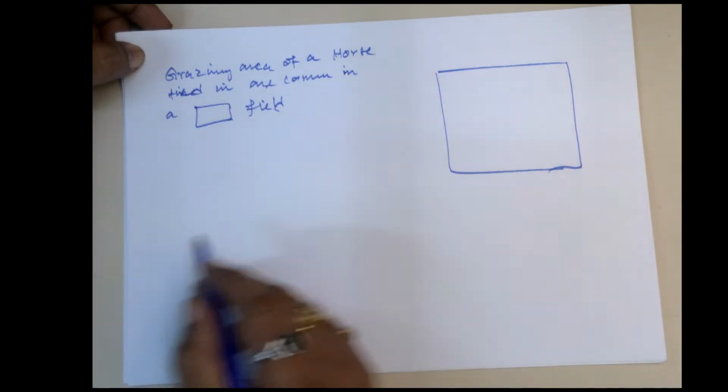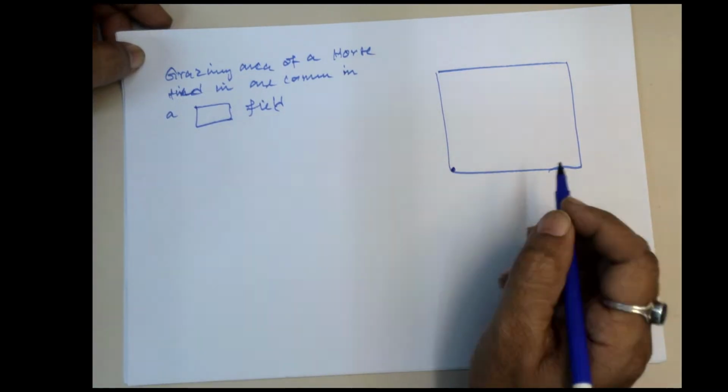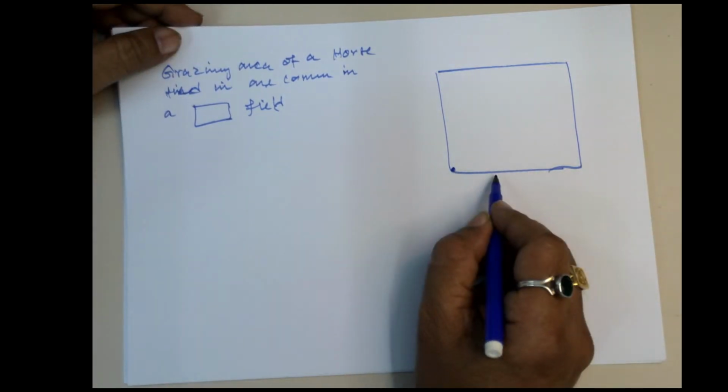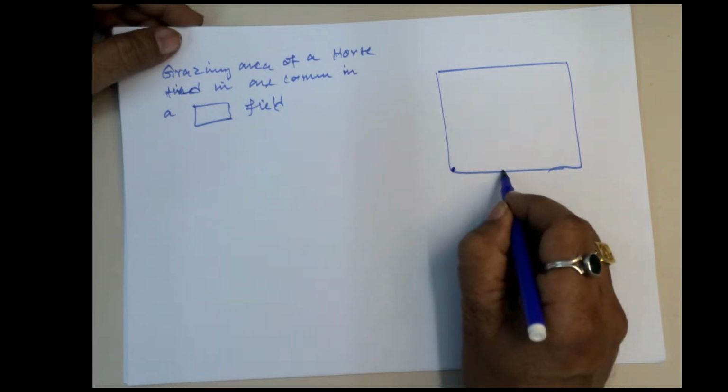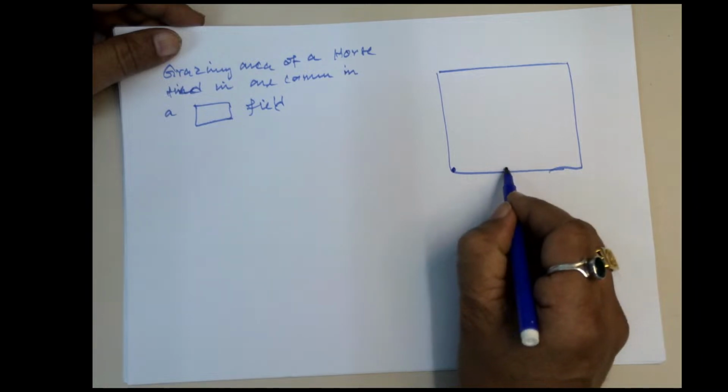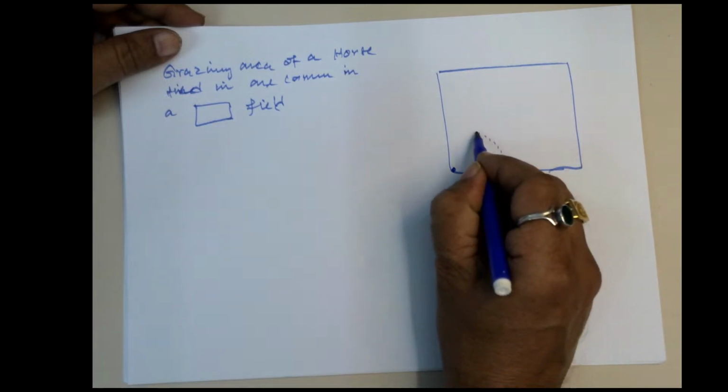Let us assume the horse is tied here. So, what could be the grazing area of the horse which is tied, say, for instance, up to a few meters? So it can be only in this region.